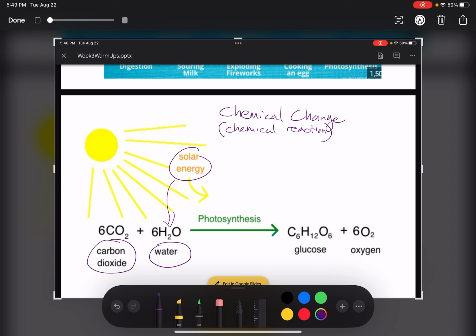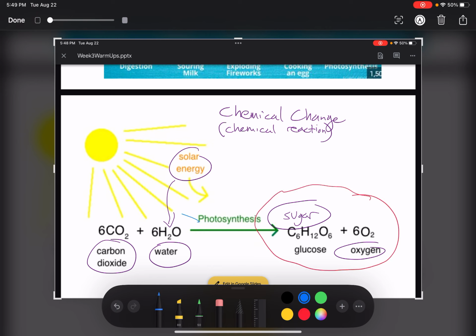And when it goes through its process, it is forming glucose, which is a type of sugar, and oxygen. Okay, we have glucose, I'll just say sugar, and oxygen. So these things over here that I'm circling in red are not the same as the things I'm circling in blue. It's a new substance. Again, we're forming something new.